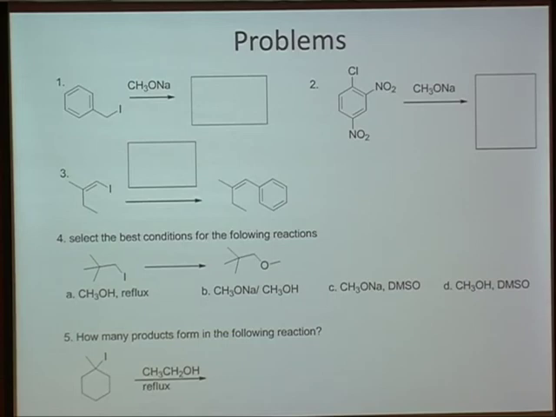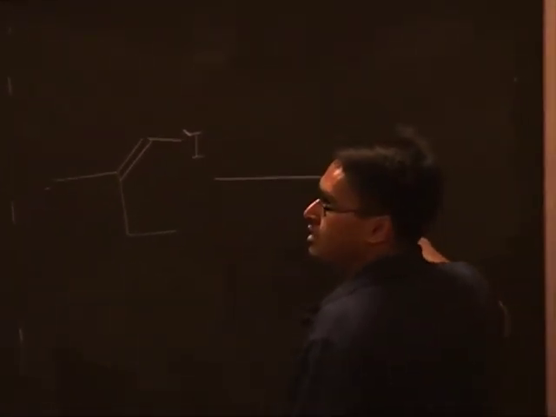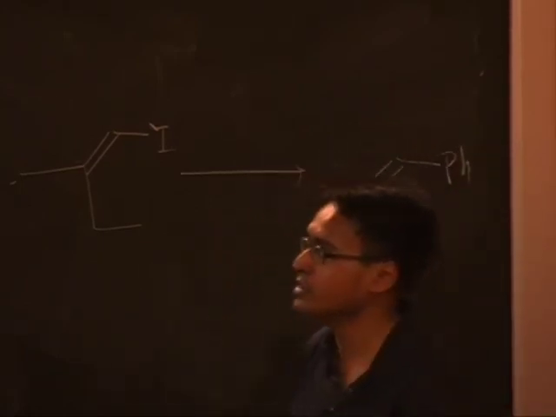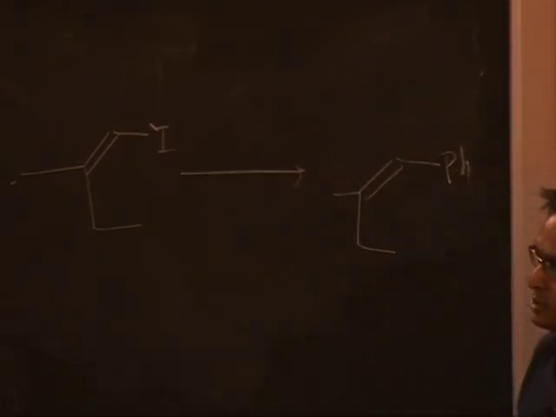All right. Say I want to do this. I want to do a formal substitution. Formal means in formality it looks like a substitution. You see that, a substitution? By the way, it is not the backside substitution because the phenyl ends up on the same side as the iodine. It's not on that back side, all right?